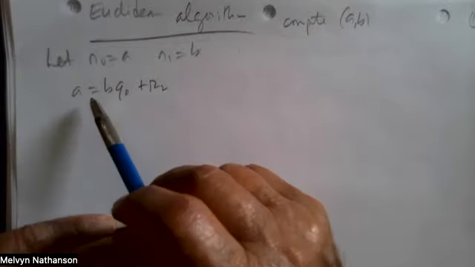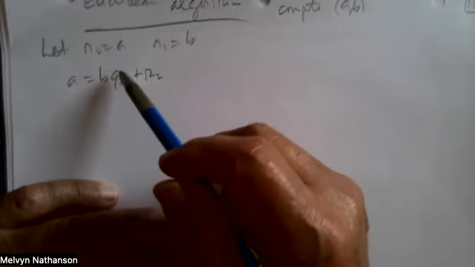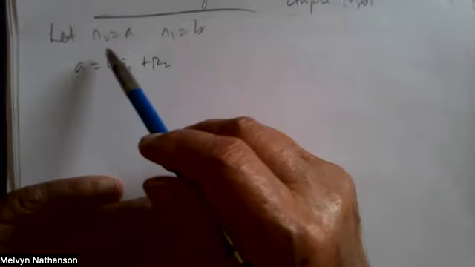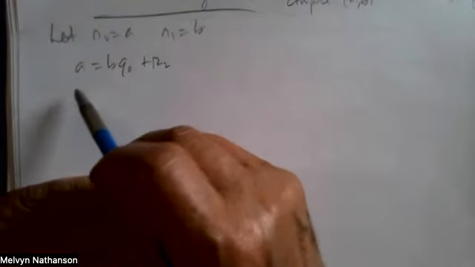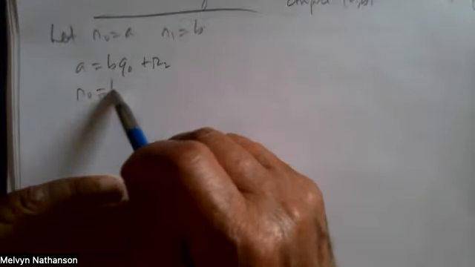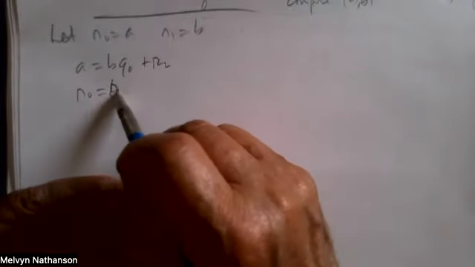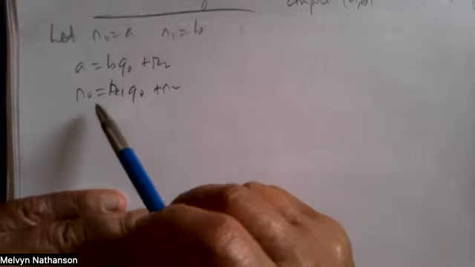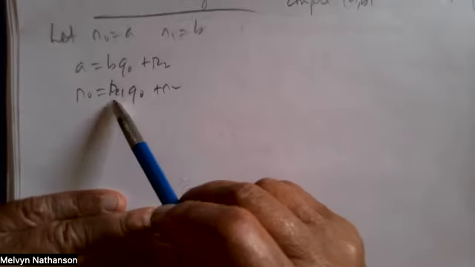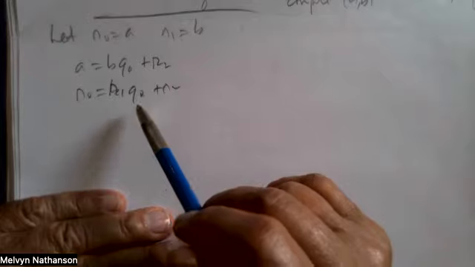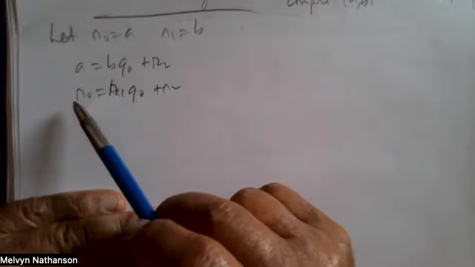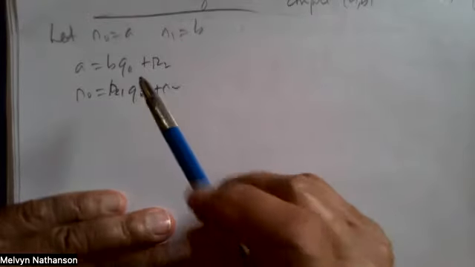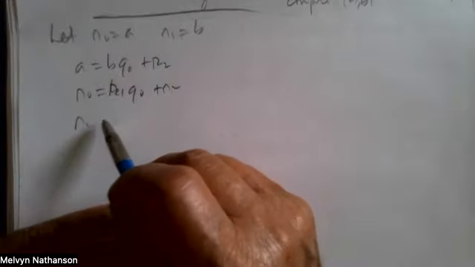So it's just changing notation trivially. So R0, which is a, is b, which is R1, times Q0 plus R2. Right? So take a divided by b, this is the quotient, this is the remainder. So divide R0 by R1. Next, divide R1 by R2.